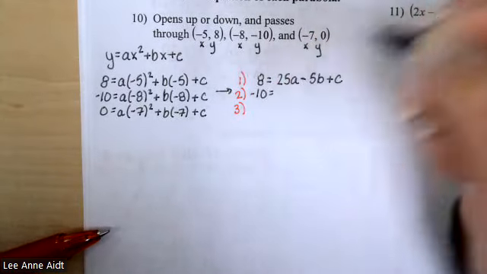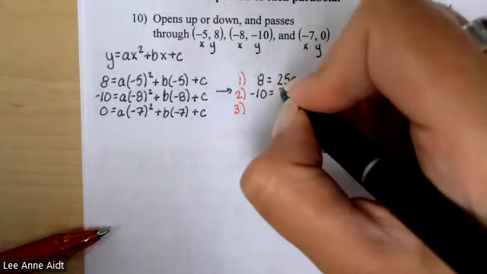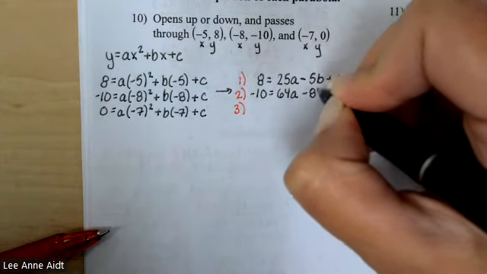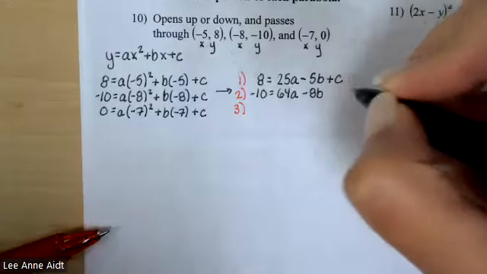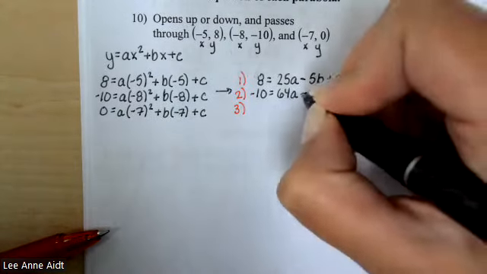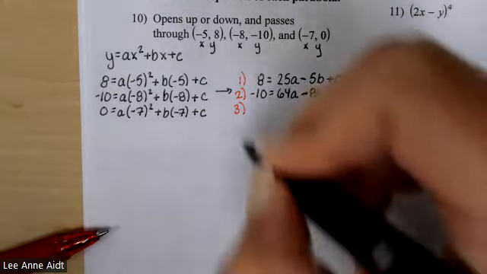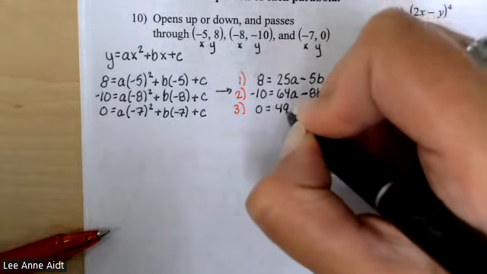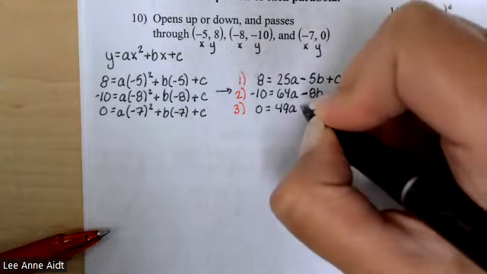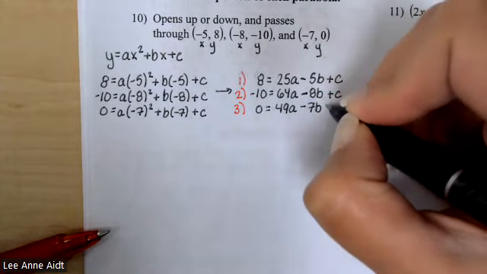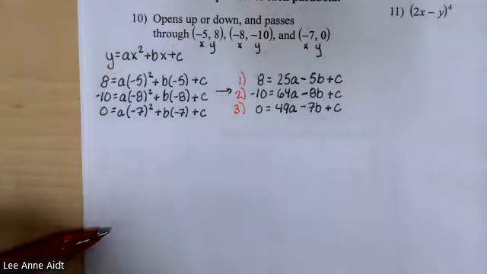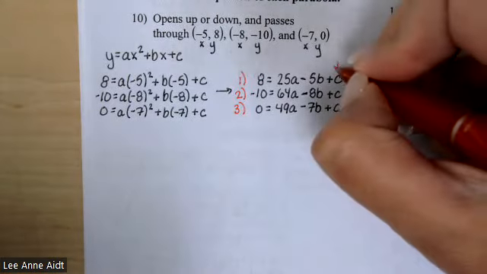Negative 10 equals 64a minus 8b plus c. 0 equals 49a minus 7b plus c.